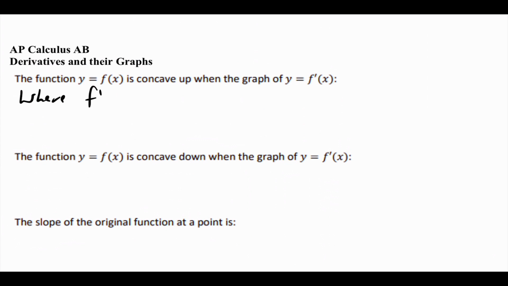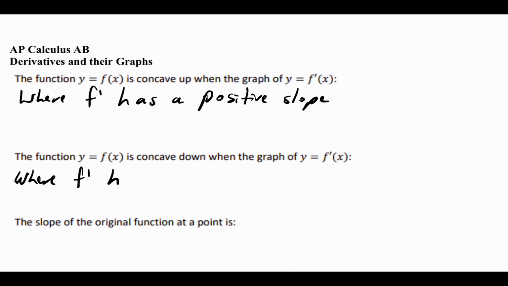Where f prime has a positive slope. And the other one would be the opposite. Where f prime has a negative slope. Okay.